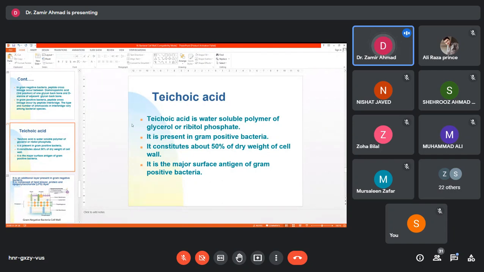Whenever gram-positive bacteria attack animal tissues, they stimulate an antigenic response in the body, and antibodies are produced by the animal against these antigens to provide protection.